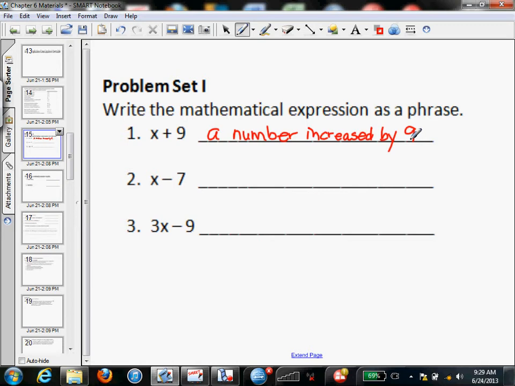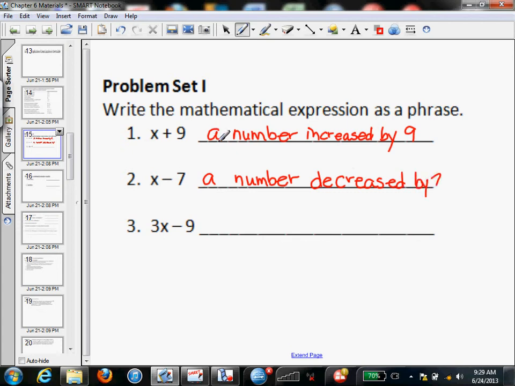With number 2, x minus 7, you can do it in a similar fashion, saying a number decreased by 7.